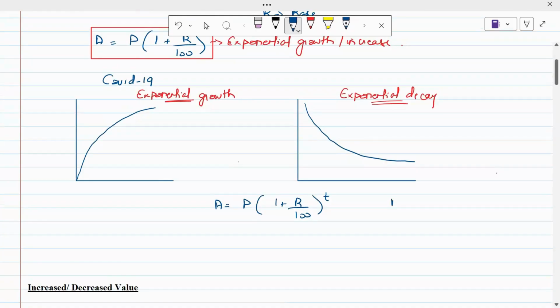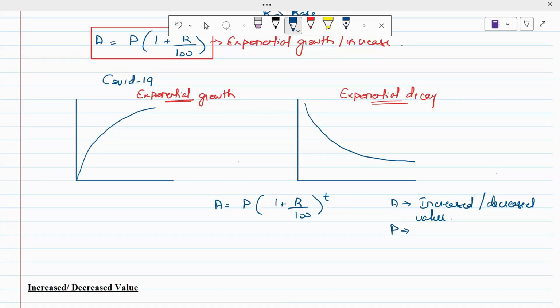A would now mean the increased or the decreased value. If it's the case of growth, it would be an increased value. If the case of decay, then it would be the decreased value. P will not be the amount invested or amount borrowed.